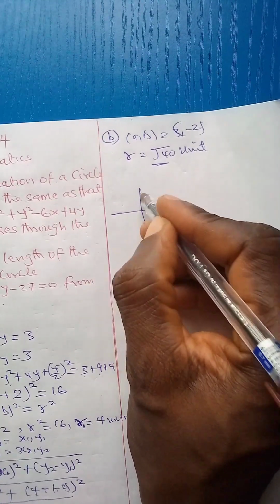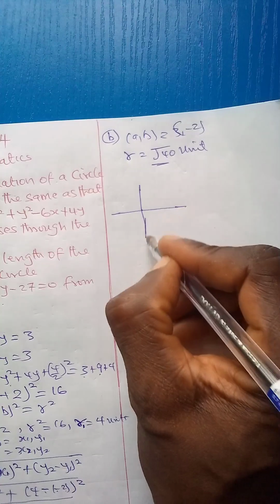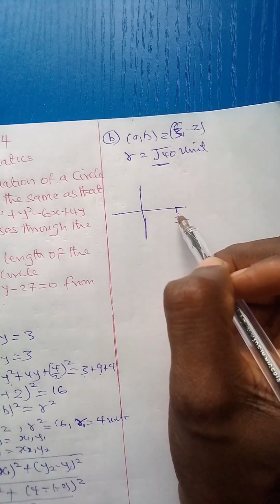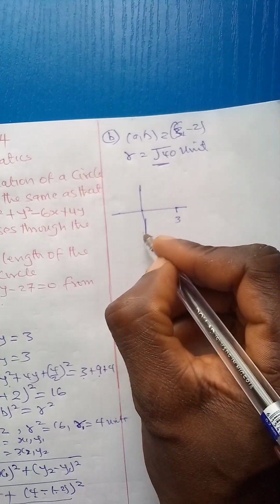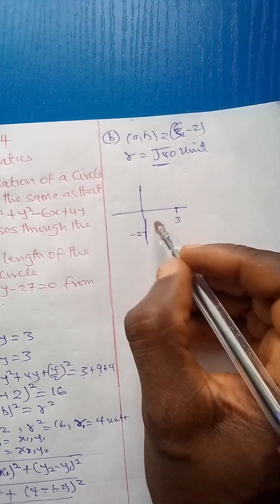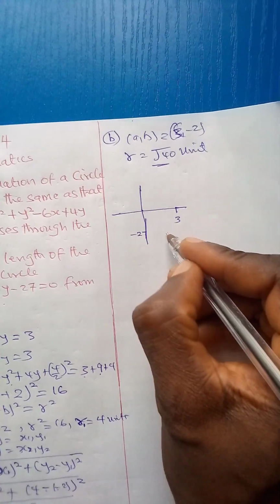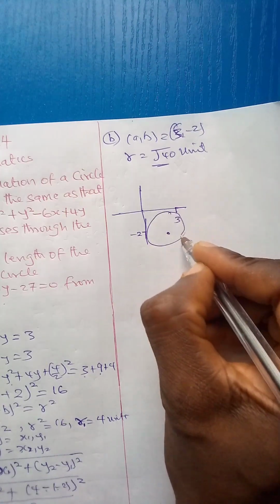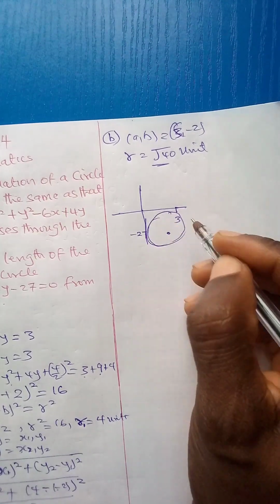This becomes the axis, and if this is 3, that is the distance of x from the center, and here is minus 2, the distance of y from the center, here becomes the center point of that circle, and we can draw a circle around that center point.